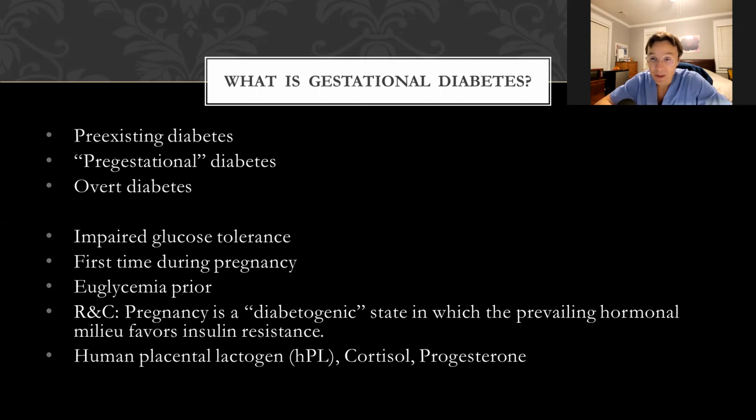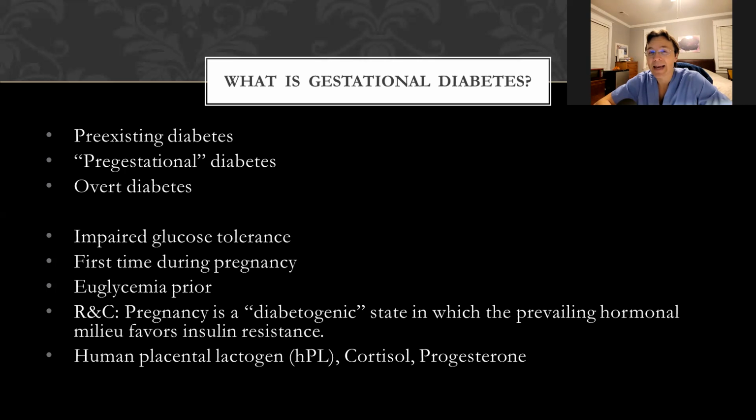But what's important is that it develops for the first time during pregnancy, meaning you had a euglycemic patient who had normal blood sugars prior to conception. But then during your testing, you determine that your patient has impaired glucose tolerance. Well, in that case, we are talking about gestational diabetes.